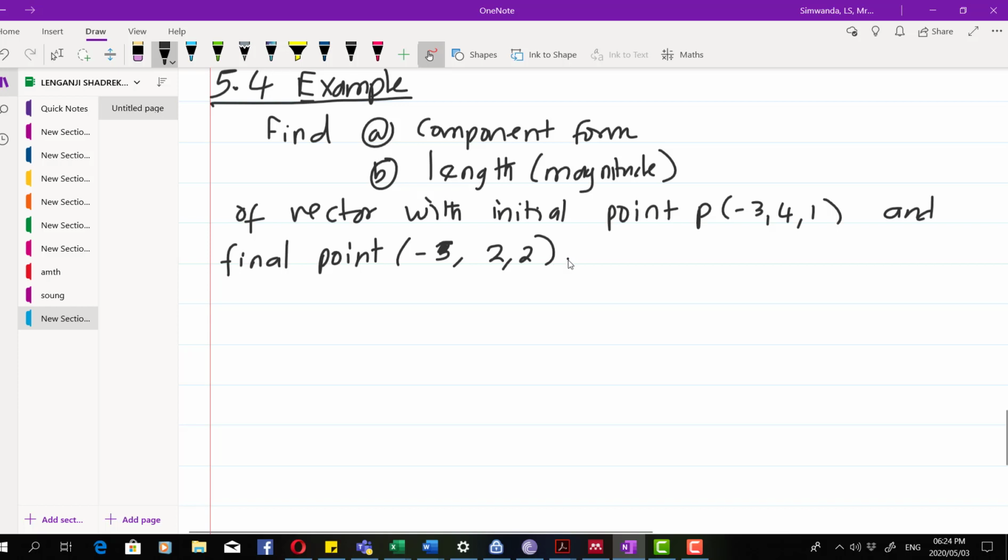Okay, so that's the question. So from the given initial point and final point, let's find the component form. Let's also find the magnitude.